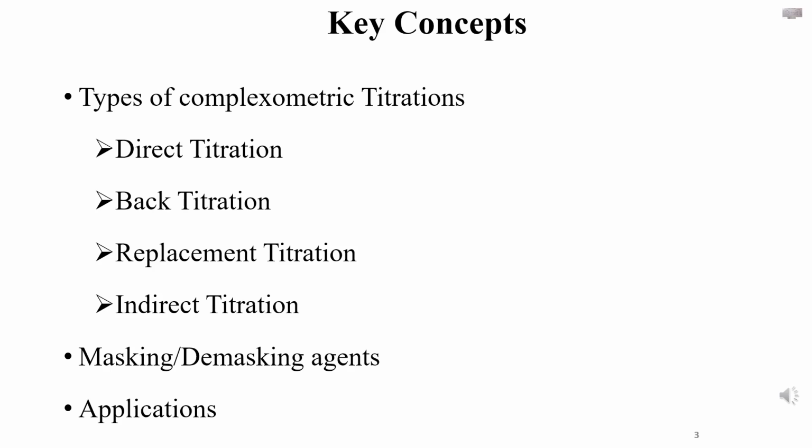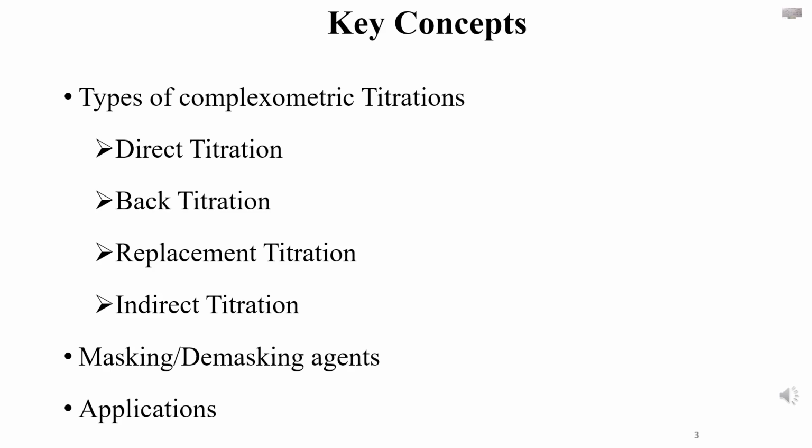Then we discuss the principle of complexometric titration, and here we said that calcium or magnesium ions that are present in water, or if we are doing this in lab, then we can prepare the solution of these calcium salts or magnesium salts. And here the indicator used is EBT, Eriochrome Black T. It forms an unstable complex with those metal ions, and when we add EDTA from the burette, this indicator is replaced by EDTA.